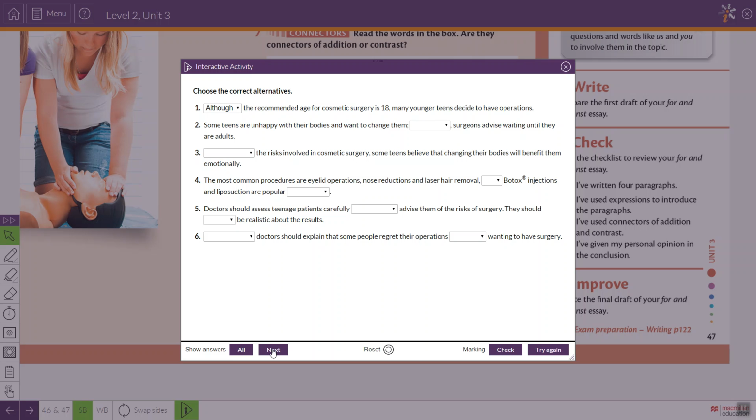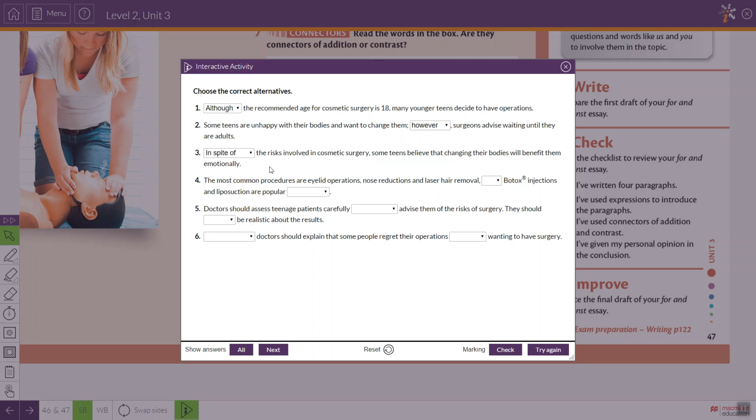Surgeons advise waiting until they are adults. So that is, however. The risks involved in cosmetic surgery. Some teens believe that changing their bodies will benefit them emotionally. All right, so in spite of the risks. Okay, I forgot this one when I explained in spite of, despite. You can have a noun or a noun phrase as well.